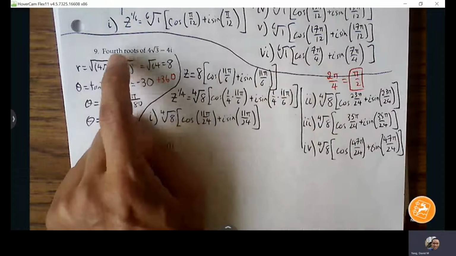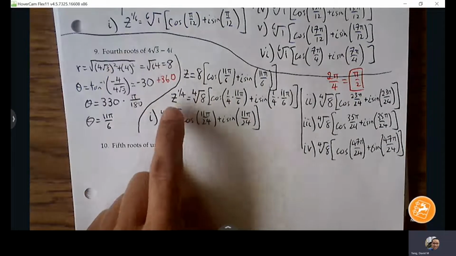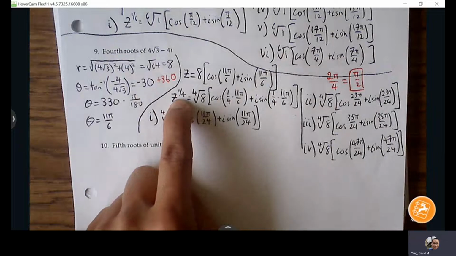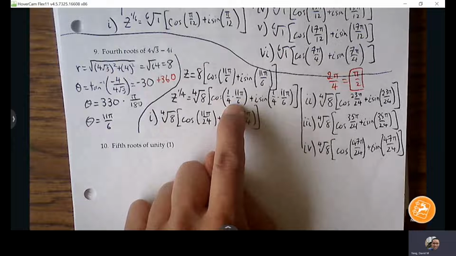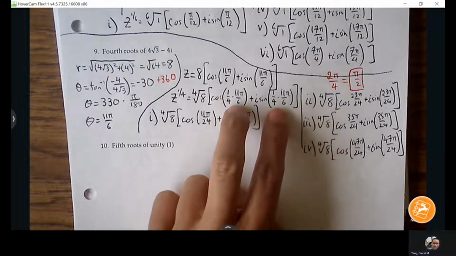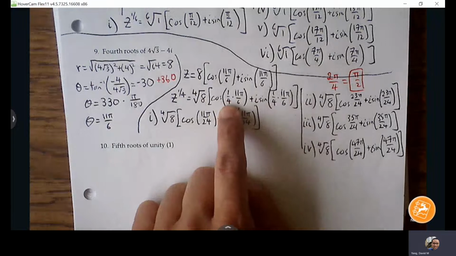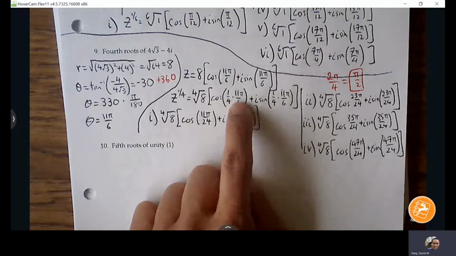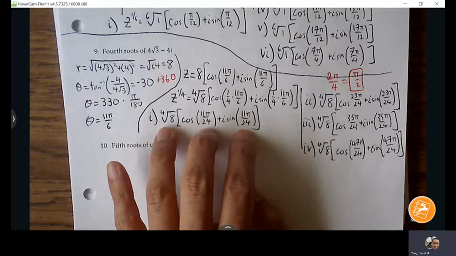Now from here, we want to find each of the solutions. Fourth root means we raise it to the 1/4. So it's the fourth root of r, but then you're dividing by 4 for your angle. Dividing by 4 is the same thing as multiplying by 1/4. When you get that cleaned up, it's the fourth root of 8 CIS 11 pi over 24.